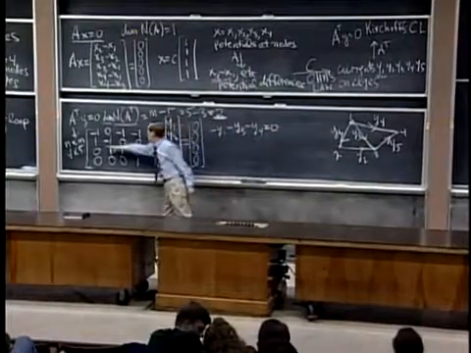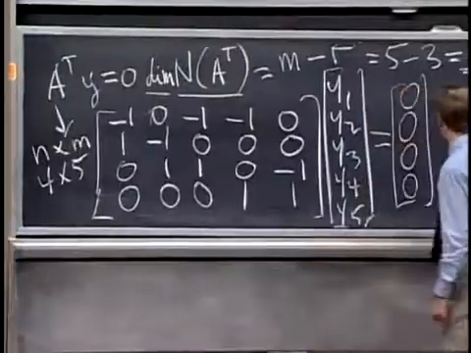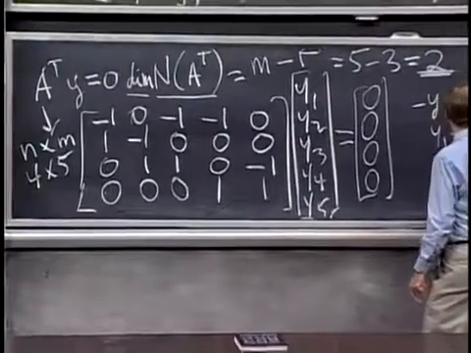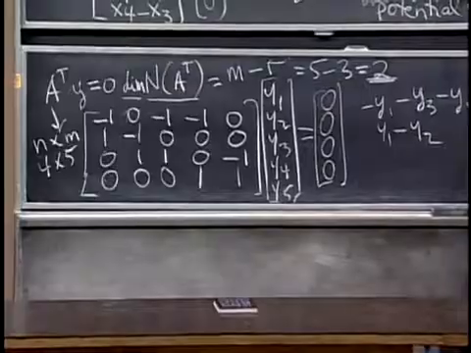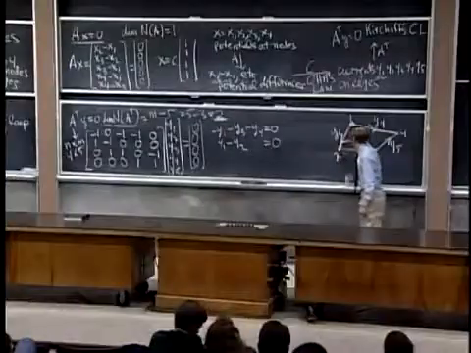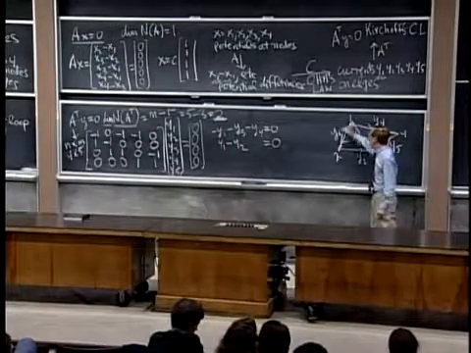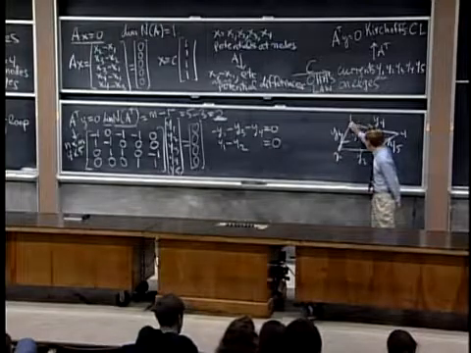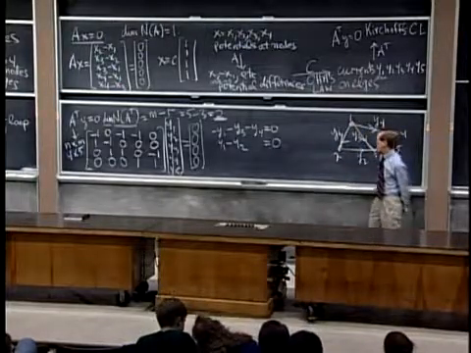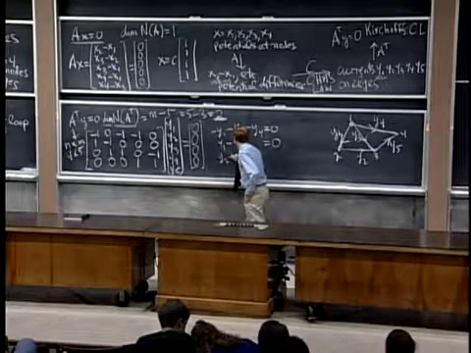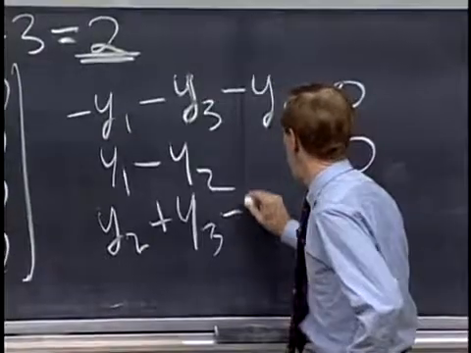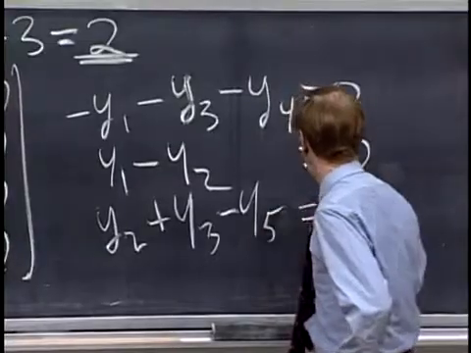Let's take the next one. The second row is Y1 minus Y2, and that's all that's in that row. That must have something to do with node 2, and sure enough, it says Y1 equals Y2, current in equals current out. The third one, Y2 plus Y3 minus Y5 equals 0.